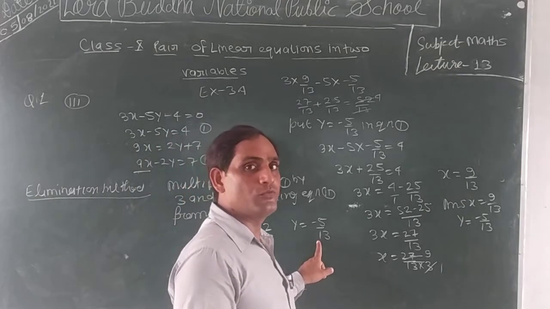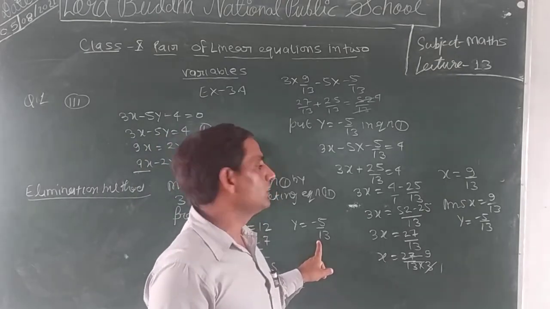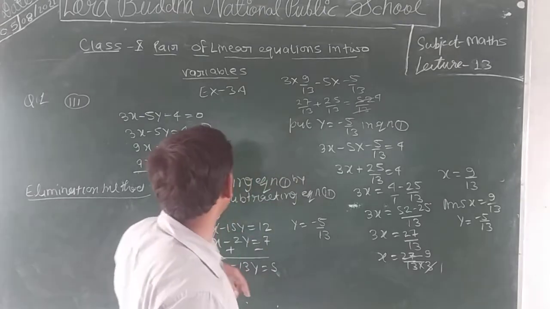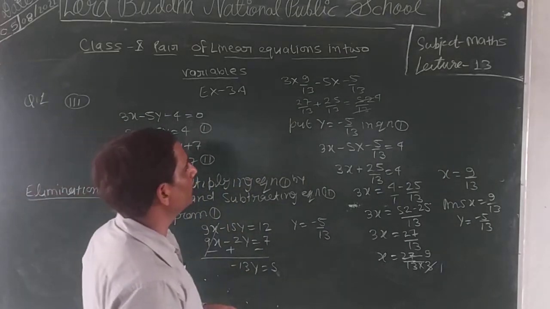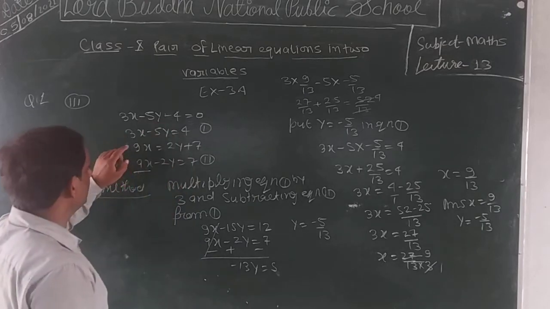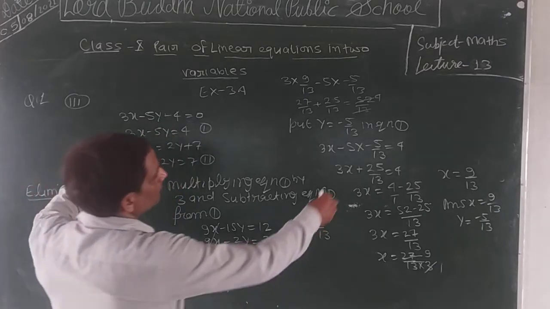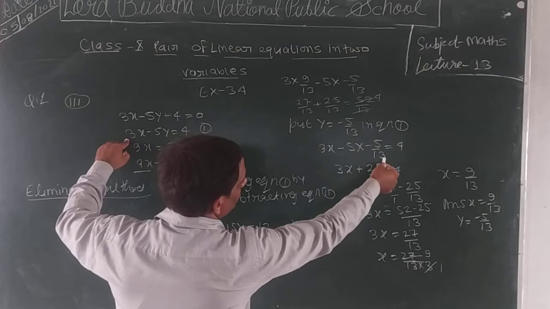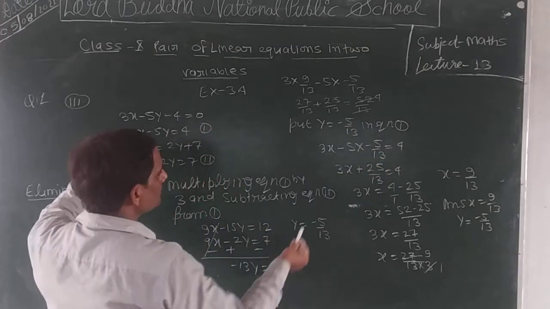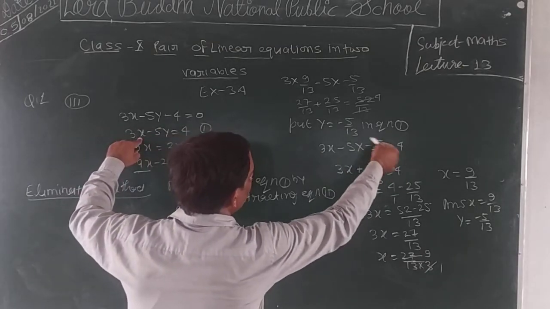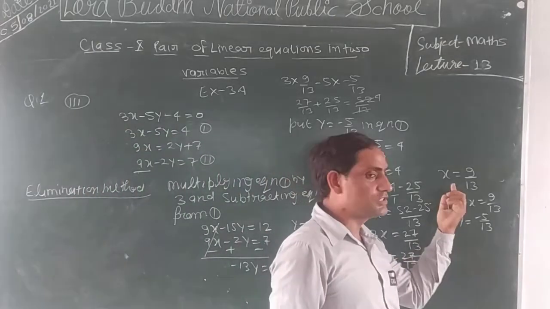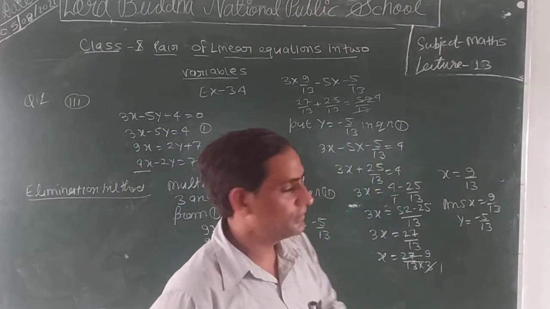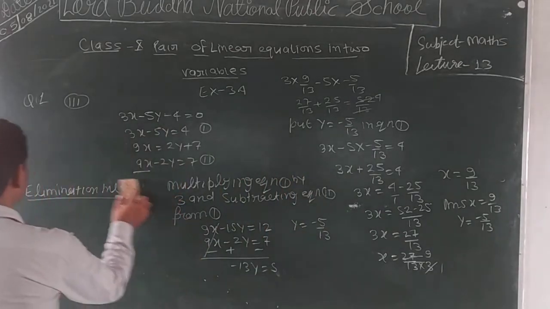After getting the value of y, we put it in either the first or the second equation. We put this value in equation first. Here 3x minus 5y equal to 4. In place of y we put minus 5 upon 13, and after solving we get the value of x, which is 9 upon 13. Now we see the substitution method.